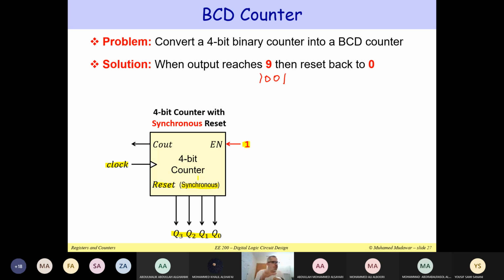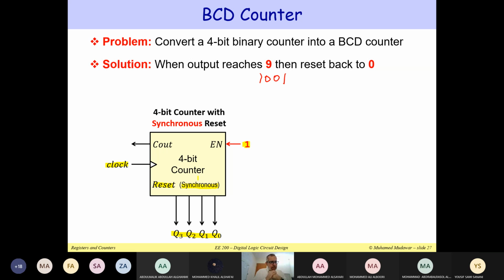It will reset immediately. Whereas synchronous is based on the clock. It will wait for the rising edge of the clock, and therefore it will synchronize the reset with the edge of the clock. This is very important to remember, and it can make a big difference.